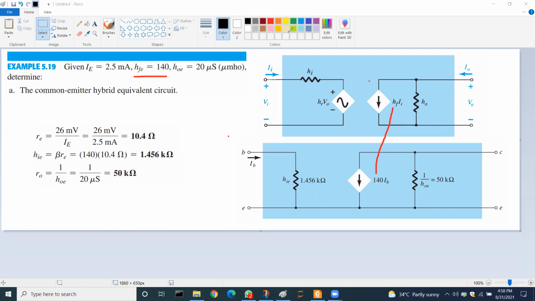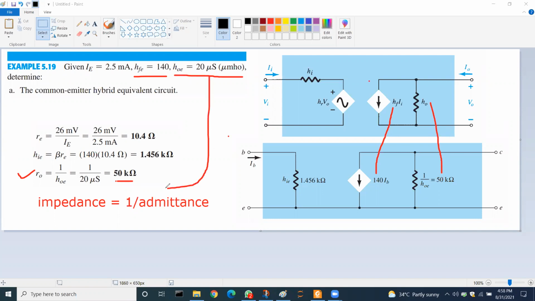Okay. Impedance is equal to 1 over admittance. So this is one way to write the value here. 50 kilo ohms calculated through this line, and it is given here.